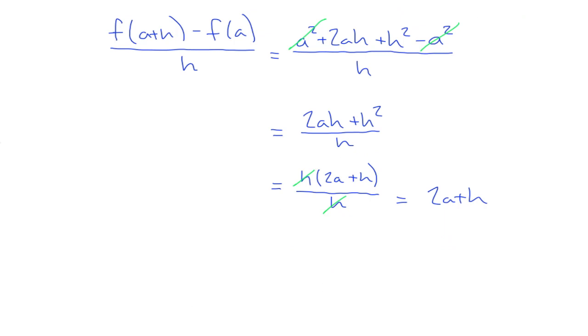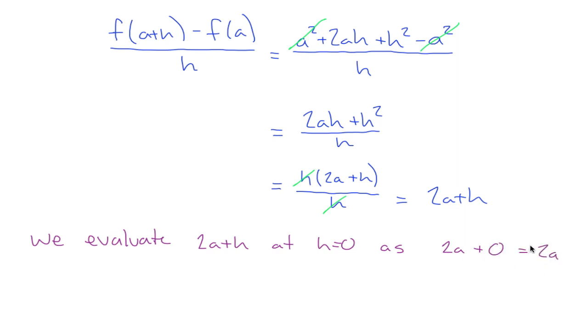And that's a good thing because we can now evaluate this. Maybe I'll even write it as a sentence, although you don't need to do that. We evaluate 2a plus h at h equals 0 as just 2a plus 0 if h is 0, which is equal to 2a.